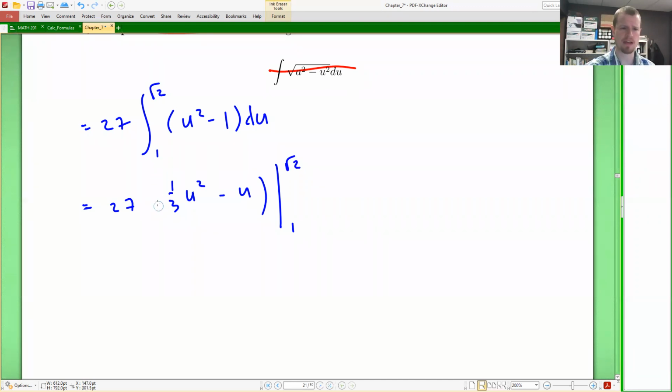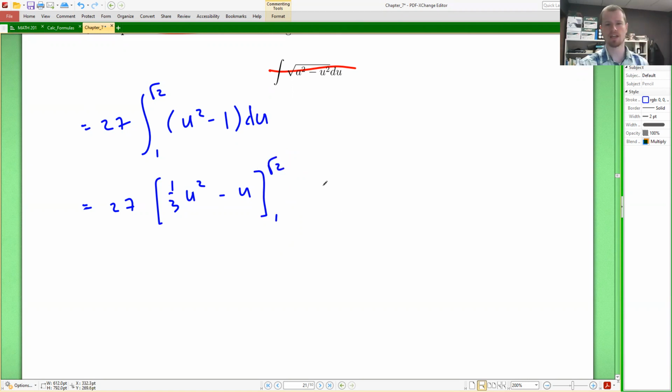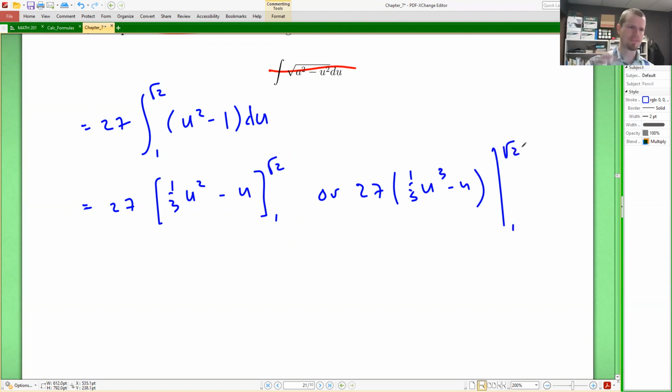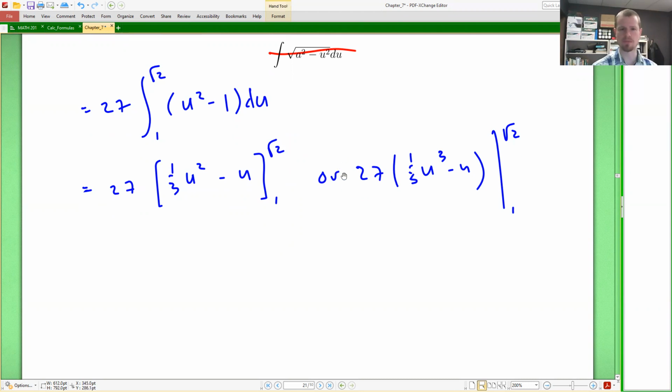It's also acceptable to write this thing in brackets and then put the integration bounds on that bracket. So whatever notation you use is perfectly fine. Either notation is fine. I understand both. You're welcome to use whichever you're familiar with.